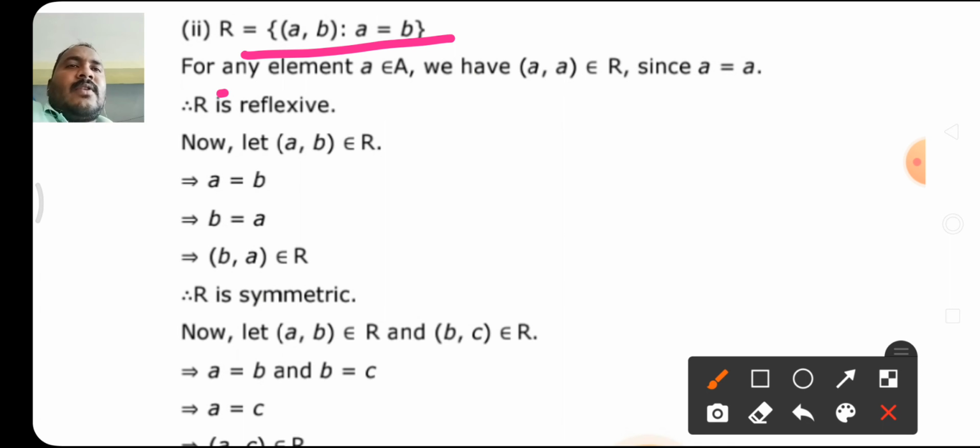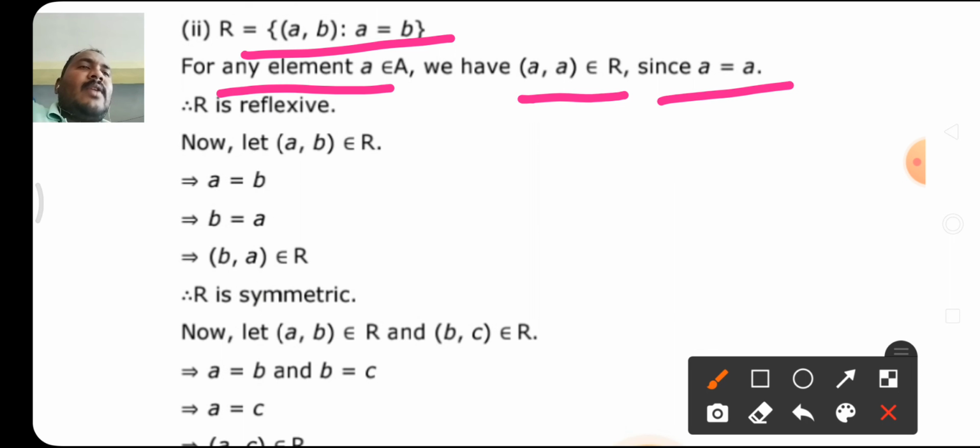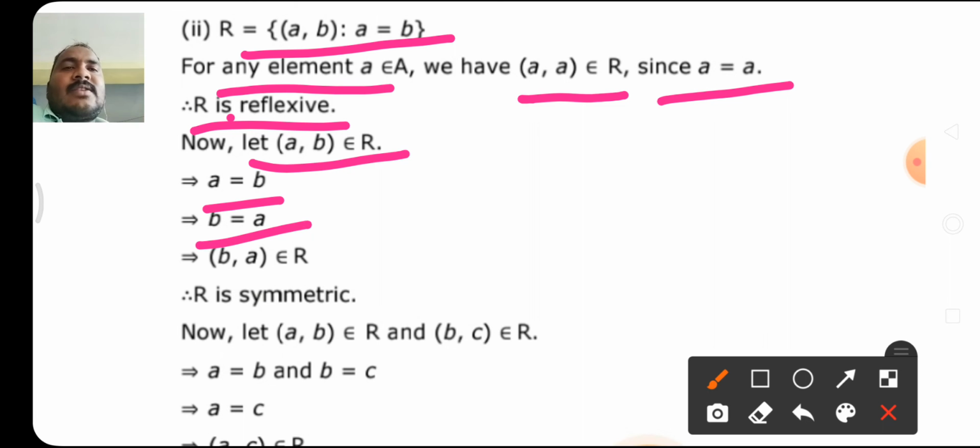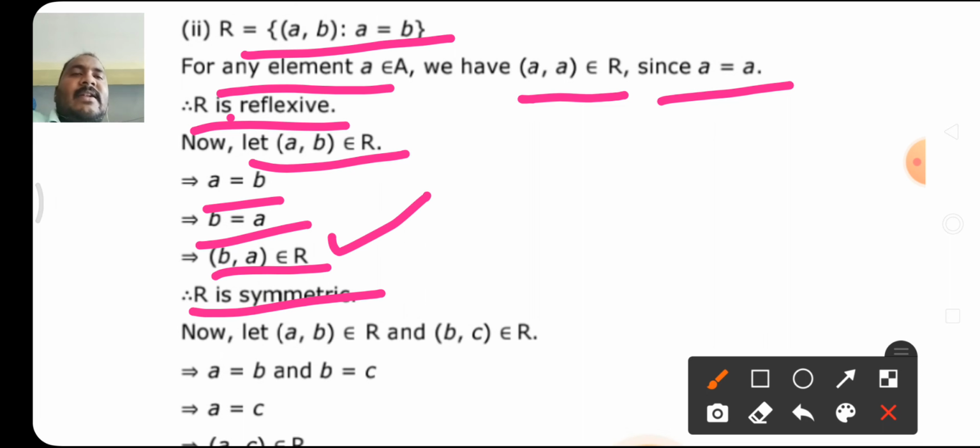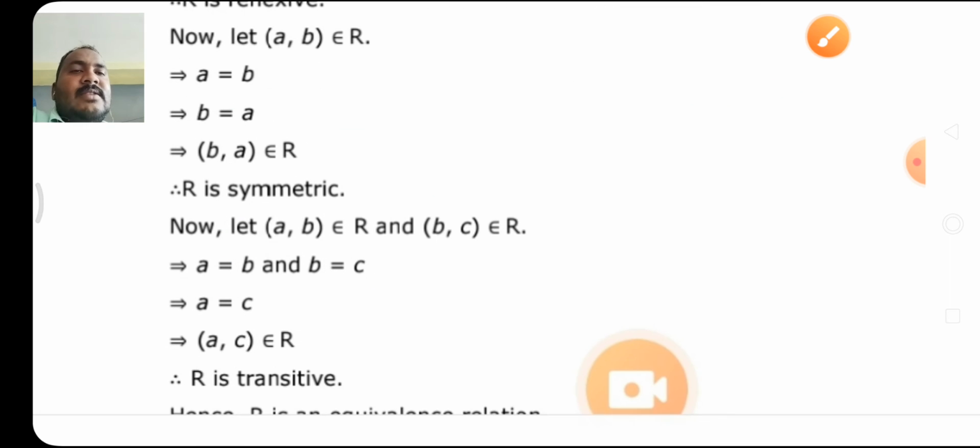Here for any element a belonging to A, we have (a, a) belongs to R since a = a. R is reflexive. Now let (a, b) belong to R because a = b, or b = a. Therefore, (b, a) belongs to R. Because of this, R is symmetric. Now check transitivity.